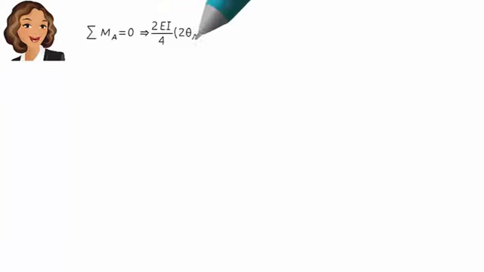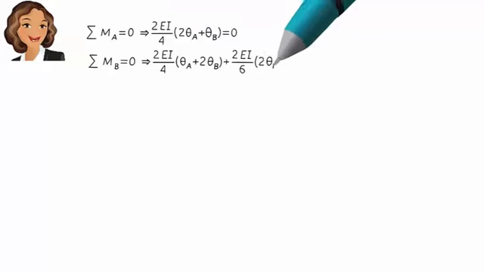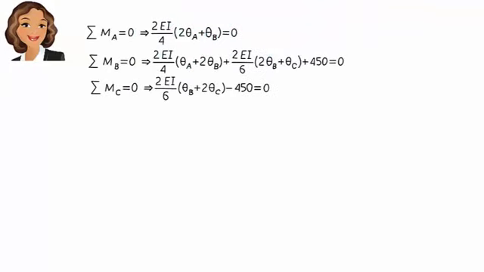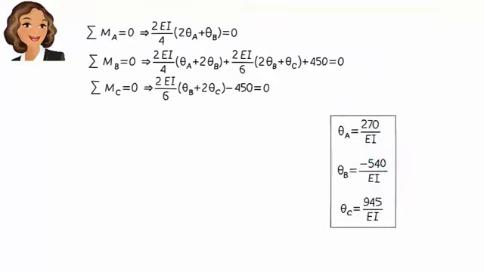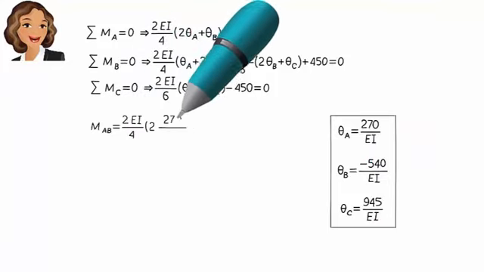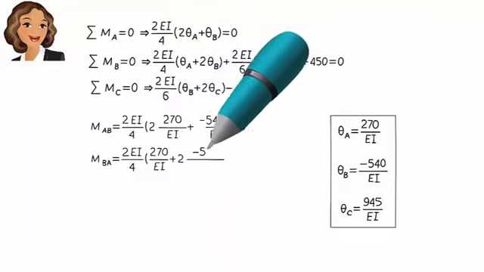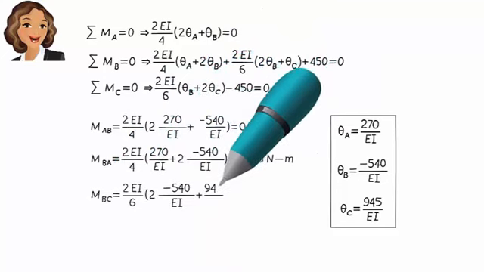Substituting the slope deflection expressions in the above equations, we get. Solving these equations simultaneously for the unknown rotations, we get. Now we substitute these values back in the slope deflection equations to determine the member end moments.